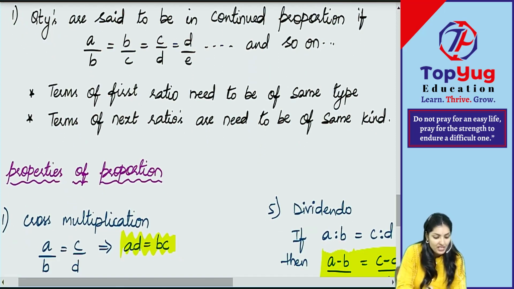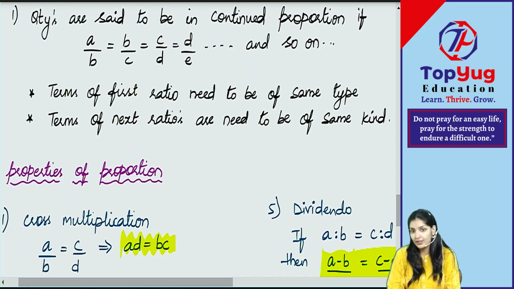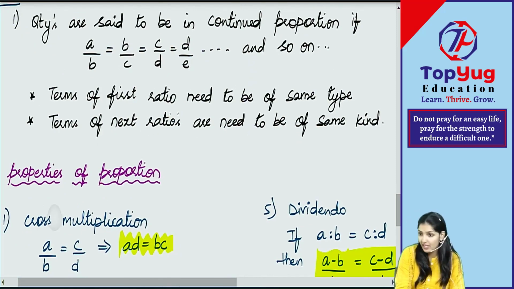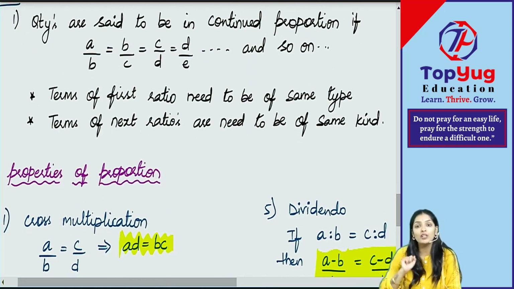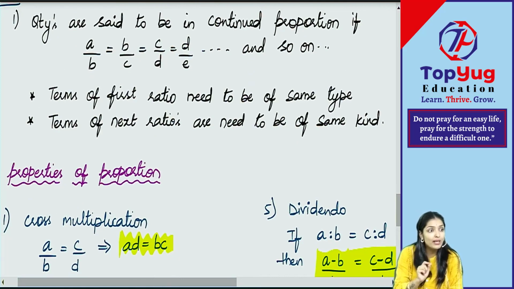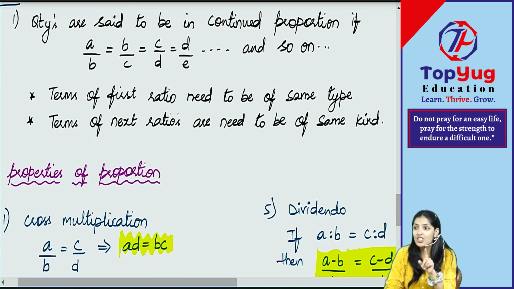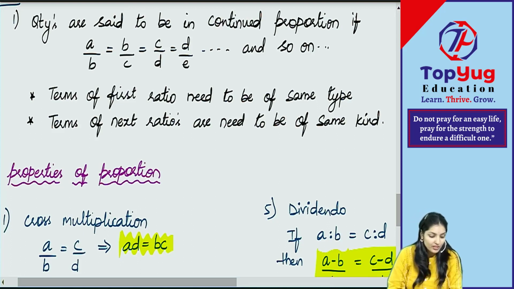Now the 2 points I have written, I have put a star mark over there. And these points are very, very important. We are having two ratios, which means we need to have the comparison of the similar quantity in each and every ratio. So in each and every ratio, we are having two terms. The point which I have written: terms of the first ratio need to be of the same type, and terms of the next ratio need to be of the same kind.